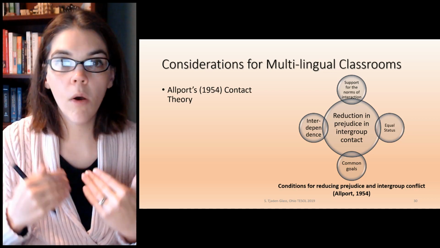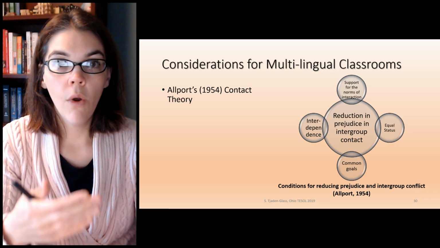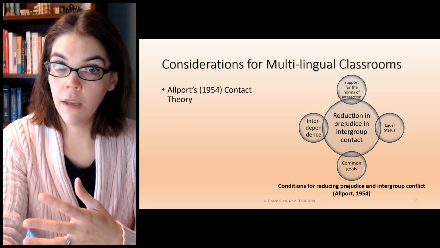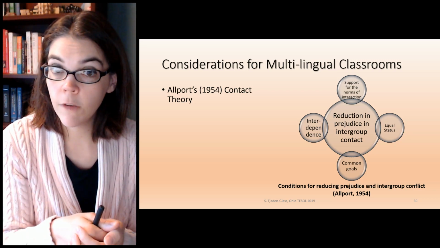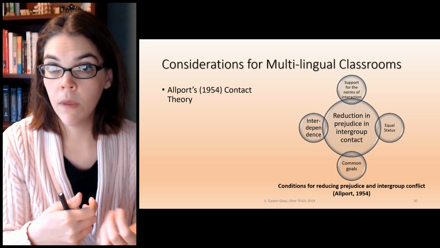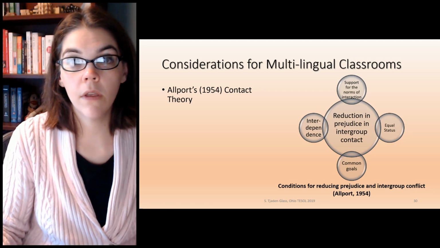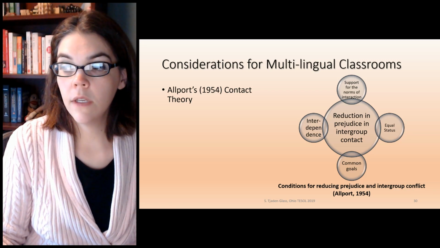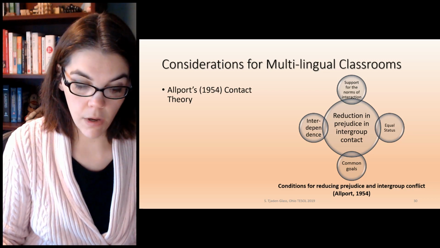Because like I said, all of us come into an interaction with an expectation of what that person's going to be like. And maybe what they do falls into our expectations or goes against them. What Allport does is he describes conditions for reducing prejudice and intergroup conflict.